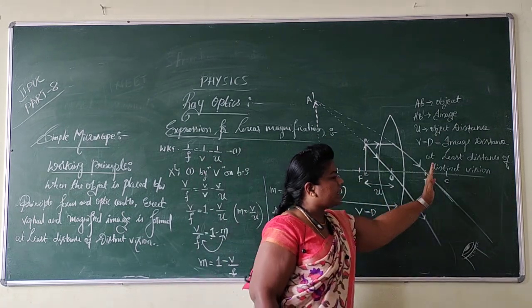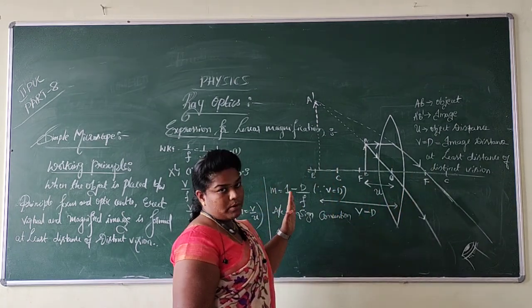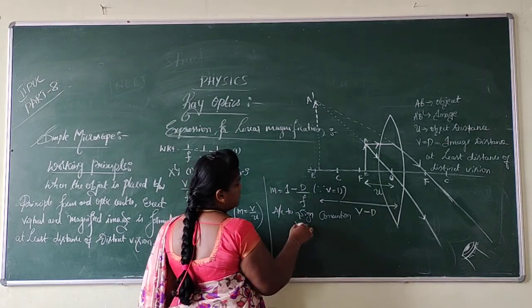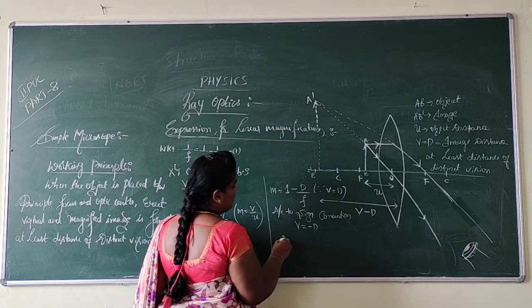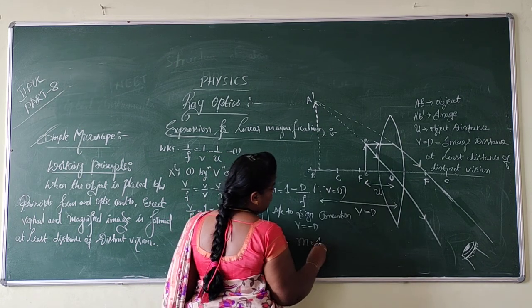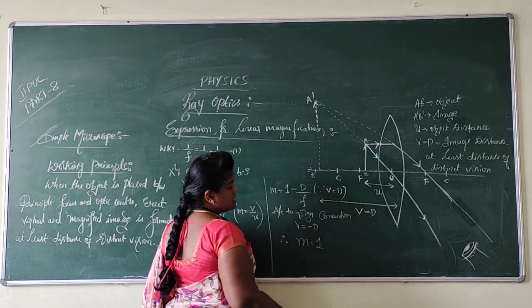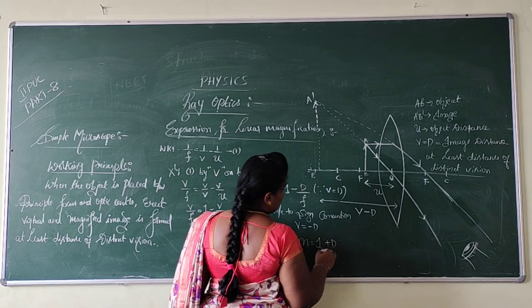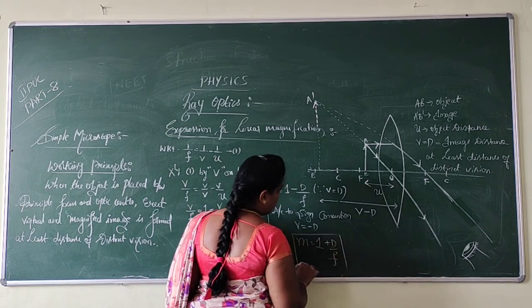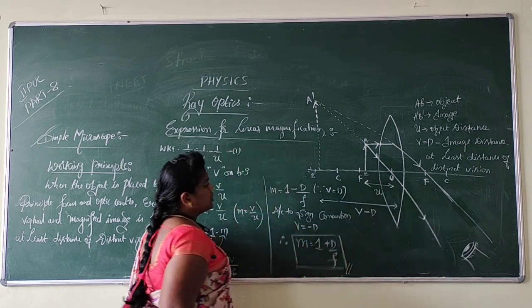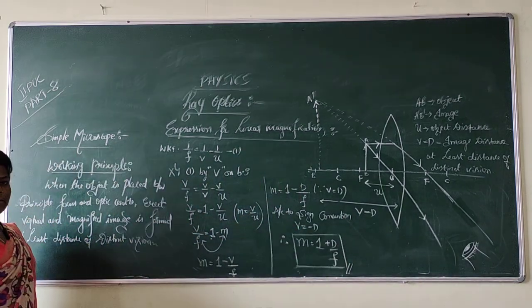Incident ray is along this direction, whereas I am measuring v in opposite direction. So that v is equal to minus d. Therefore, what happens to this formula? Therefore, m is equal to 1, d becomes minus d, so minus into minus is plus d divided by f. So this is the required formula for the linear magnification produced by the simple microscope.